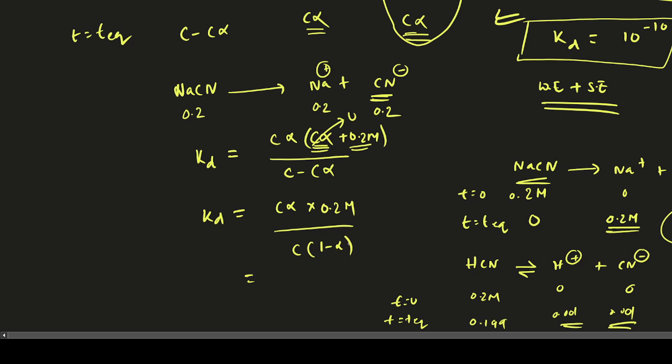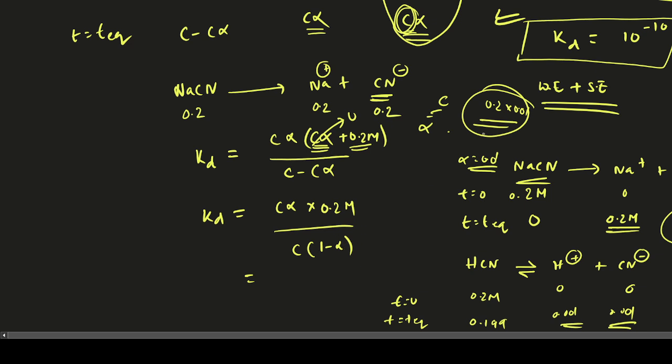The alpha value is also very small, because that much dissociates. The actual alpha value is 0.001, and when you multiply by C alpha, it becomes even smaller, because 0.2 into 0.001 is very small. This alpha value, 0.01, is also very small compared to 1.